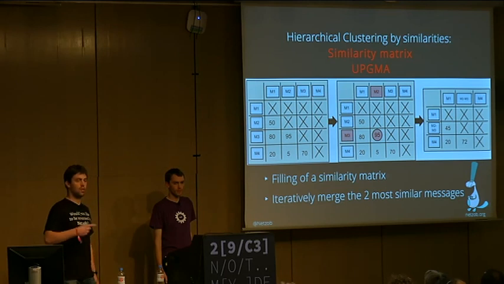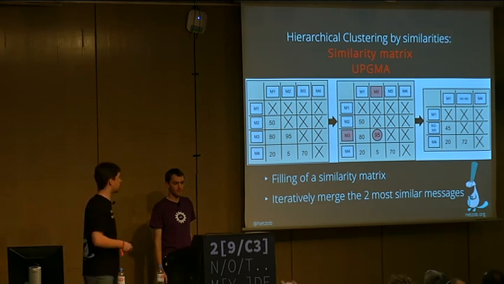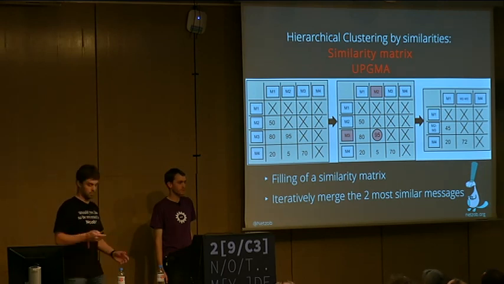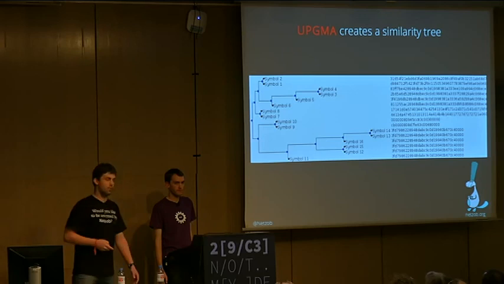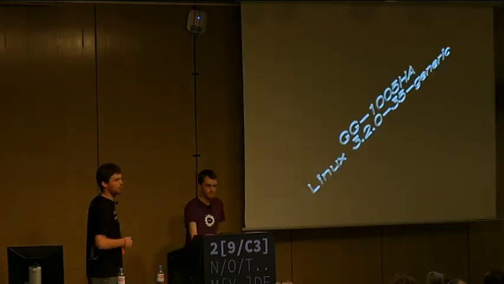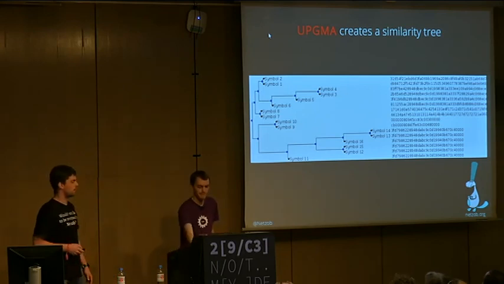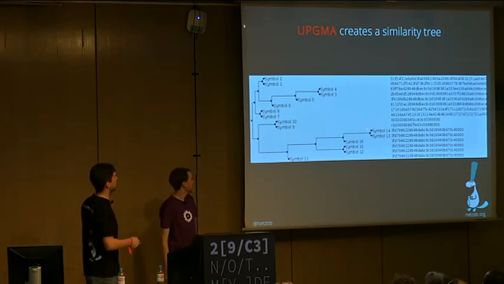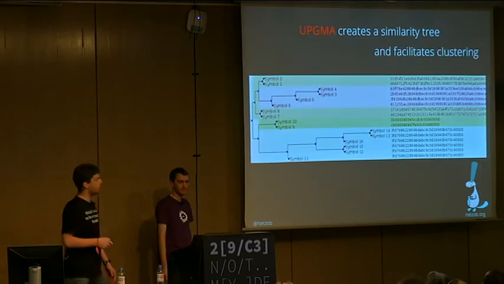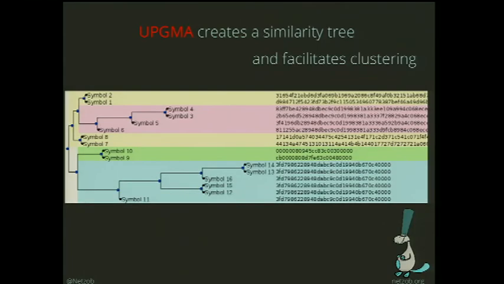Okay, it's an iterative process and it allows us to find similar messages which have similar alignments. It creates a similarity tree. It has a very difficult name in bioinformatics. I don't remember it. Phylogenetic tree, yeah. And using this tree, we can find clusters and find equivalent messages automatically.